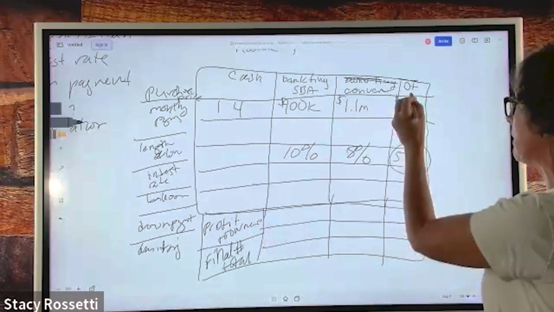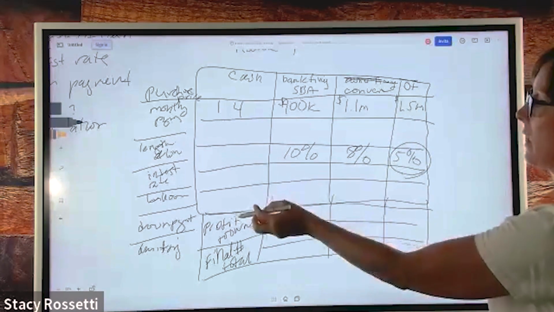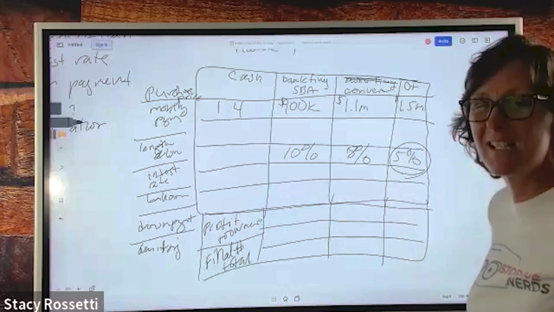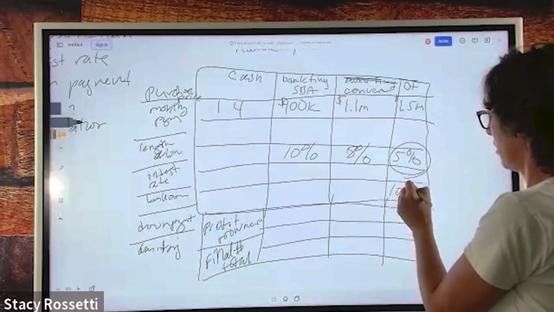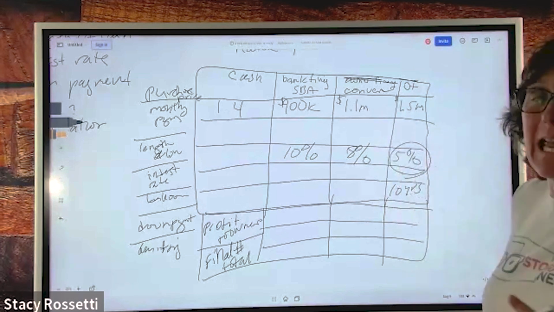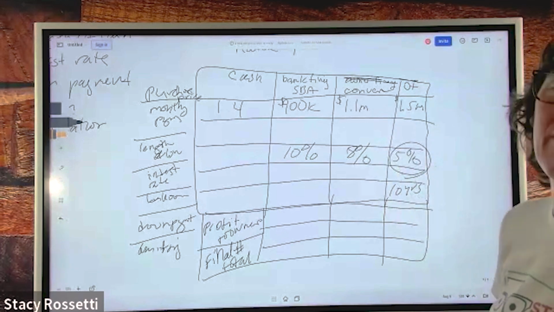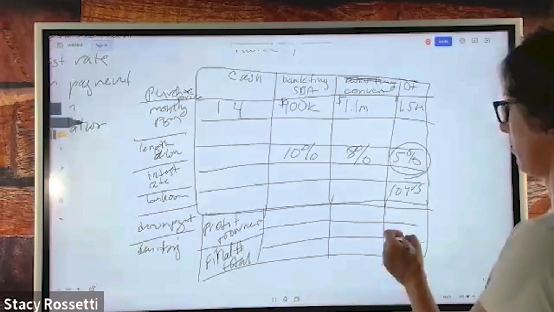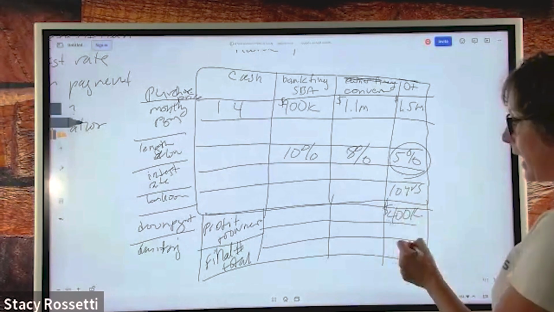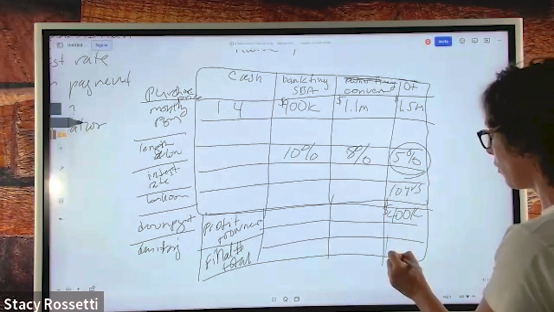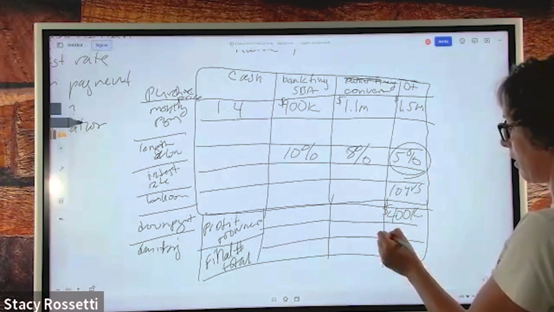And then you can show them, if you owner finance this for 10 years, you're going to make another 350, 400 grand or something like this. So you're going to make 400K if you owner finance this. In total, you're going to make $1.9 million on this deal.